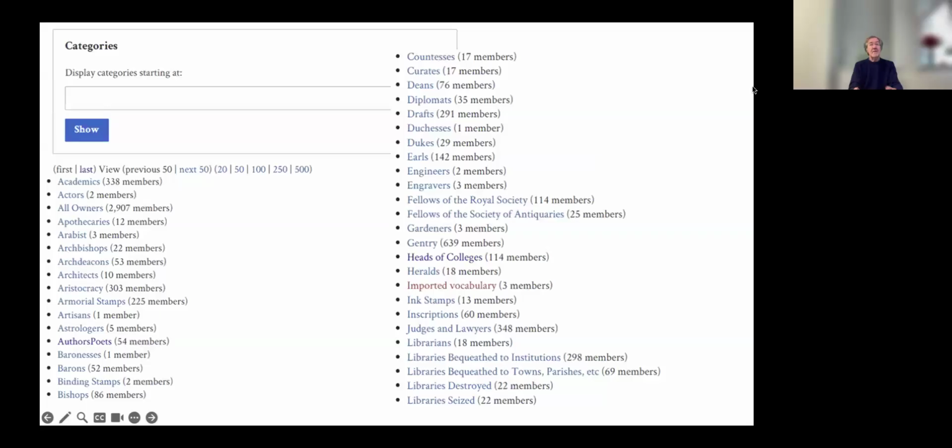And each record is flagged with a series of categories, essentially subject headings, to facilitate interrogation.